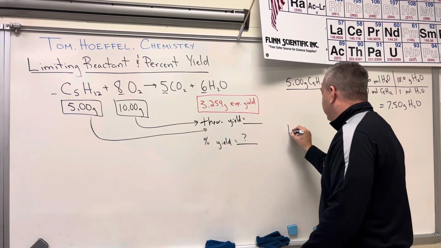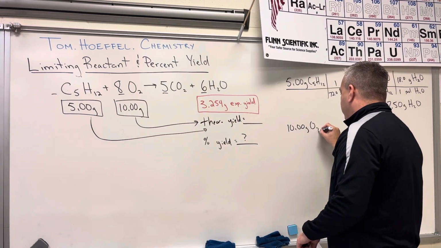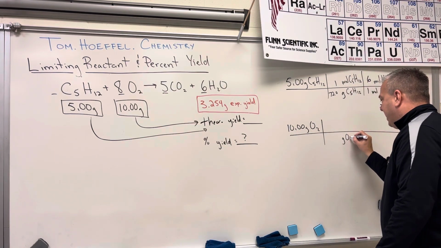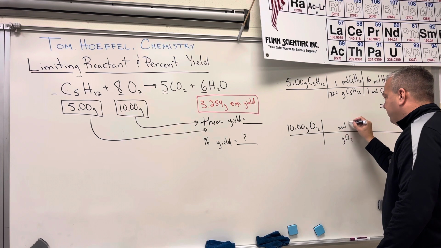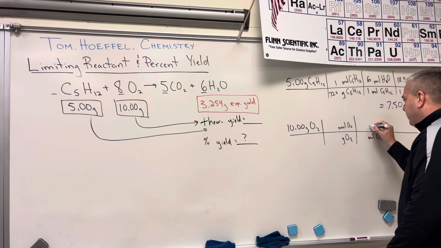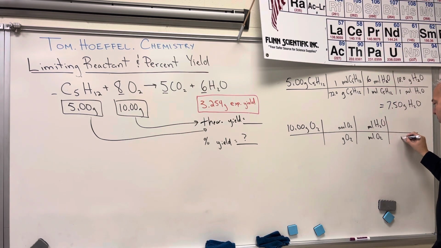So I'm going to convert the 10 grams of oxygen into water as well. So I'm going to go from grams of oxygen to moles of oxygen, moles of oxygen to moles of water, and then moles of water to grams of water.